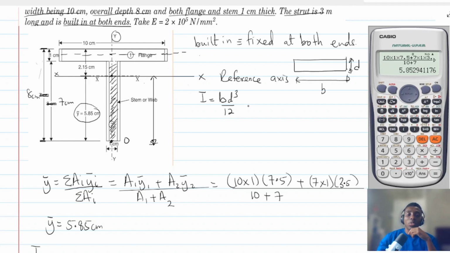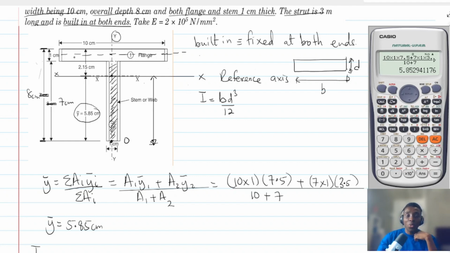In some textbooks, you will see bh cubed over 12, which is the same thing. Whether d or h, it is the same thing. All right, so now we are going to use this formula, which is the centroidal area moment of inertia, and then we will add what we call the parallel axis theorem.